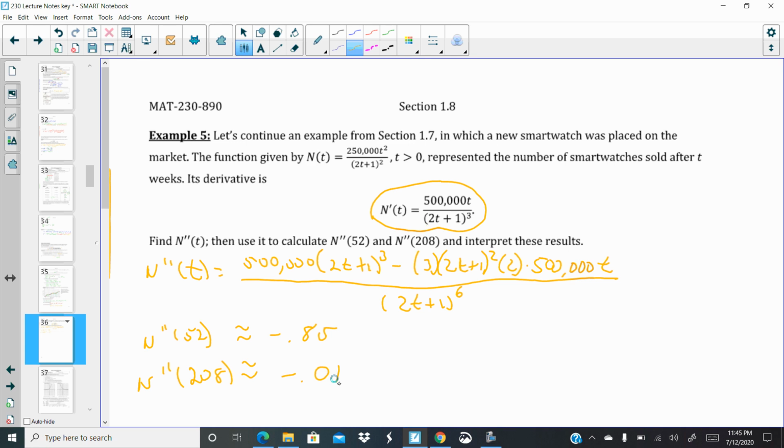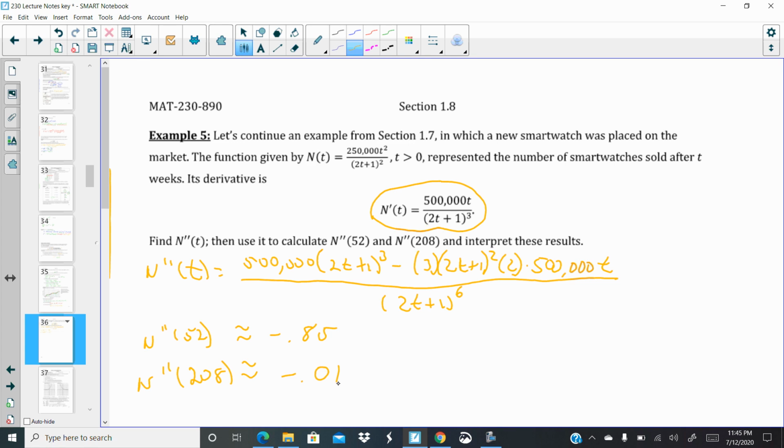Well, this is the second derivative. This is the rate of change of the rate of change. So the first derivative was how the number of watches sold was changing. Well, now this is how the rate of watches sold is changing.